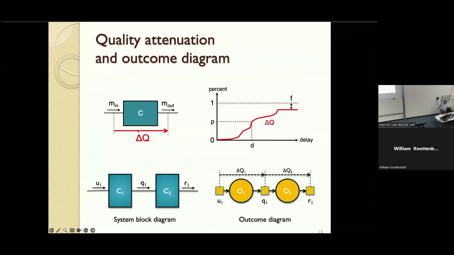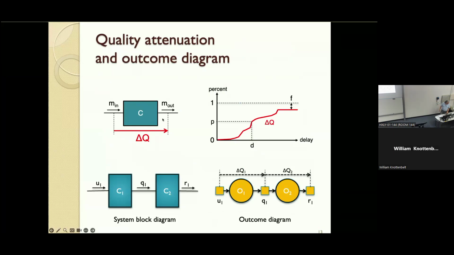Okay, so let me introduce some of the basic points before we get into the case studies. In general, I'm going to have these blue-green boxes when I talk about system block diagrams, and the more yellow-orange diagrams will be outcome diagrams, with one corresponding to the other.